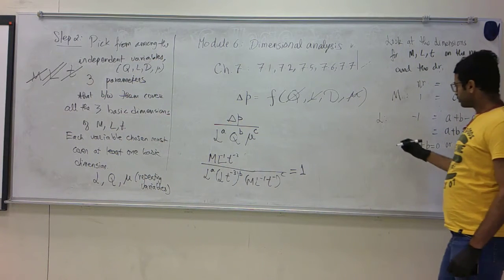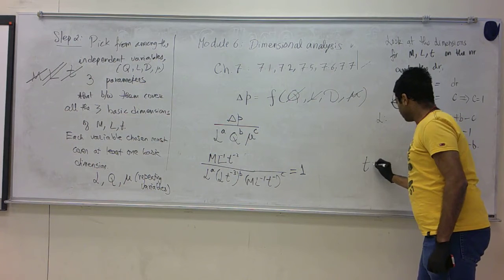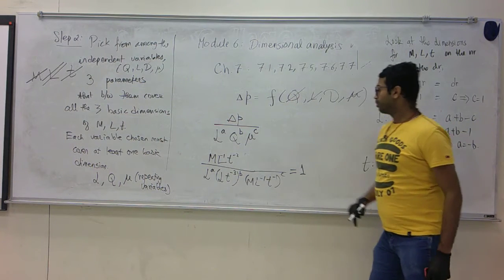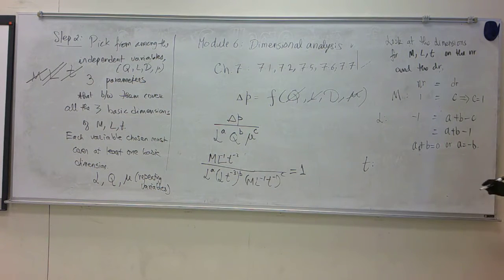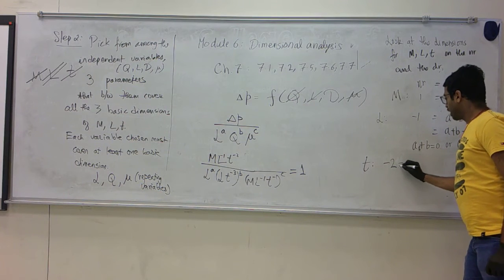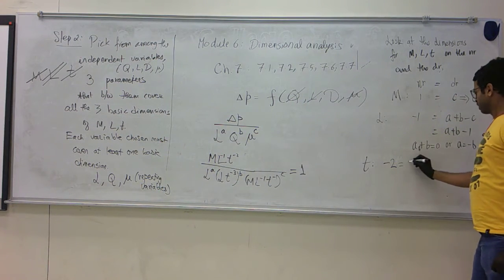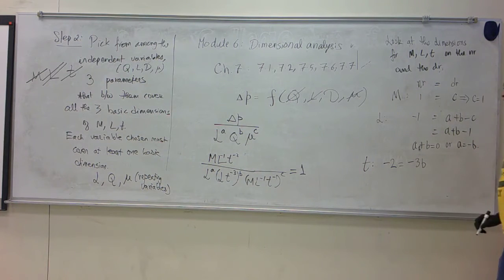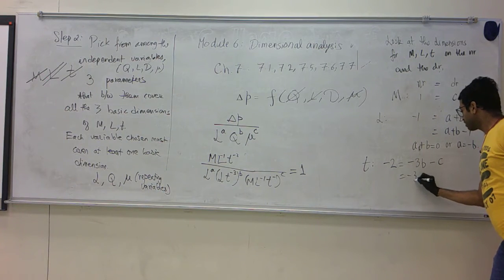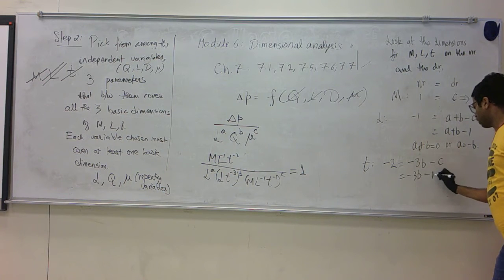And then I am looking at time. On the numerator I have minus 2, and on the denominator I have minus 3B minus C. Okay, I know C is 1, so this is minus 3B minus 1.